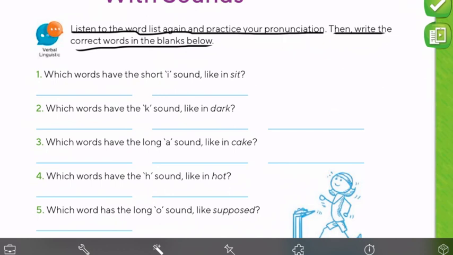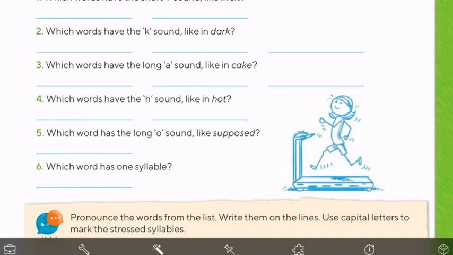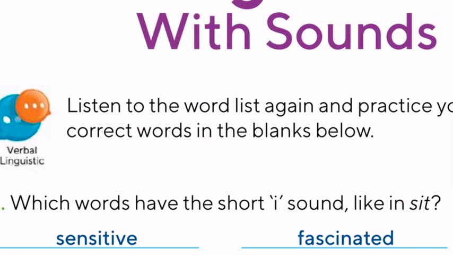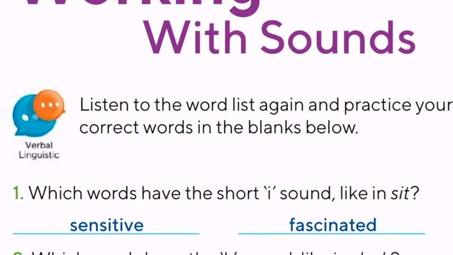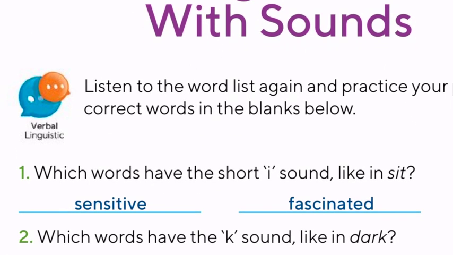We finished? Excellent. Now let's start. Number 1. Which words have the short I sound like in sit? Correct. Sensitive and fascinated. Excellent. Number 2. Which words have the K sound like in dark?